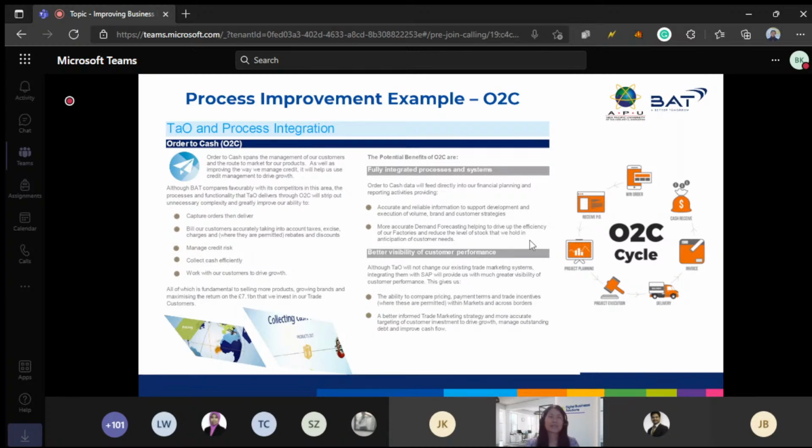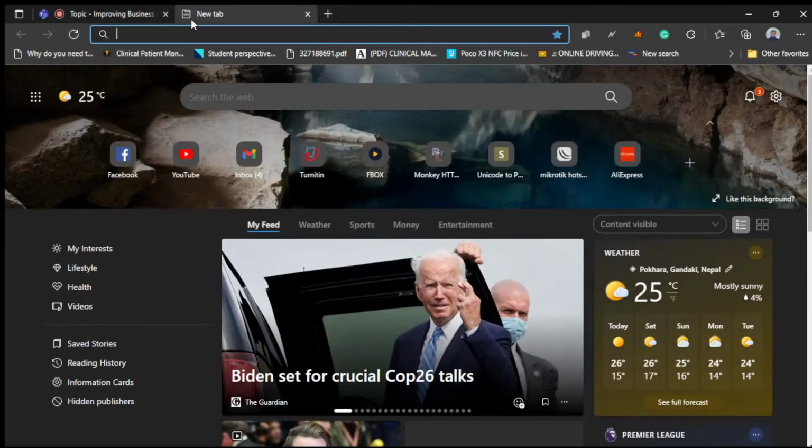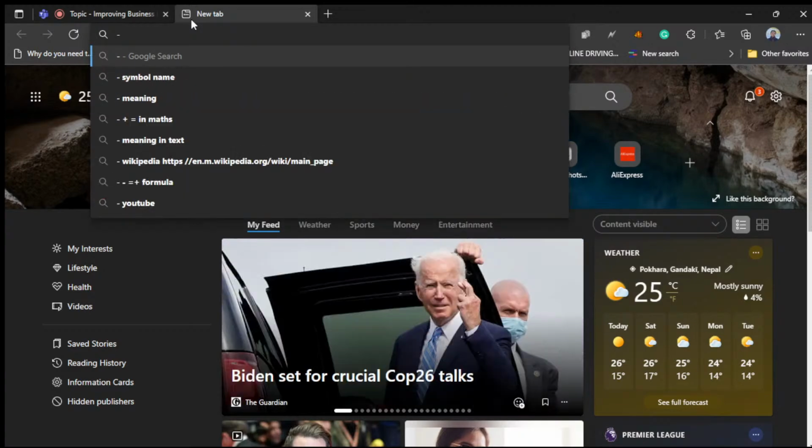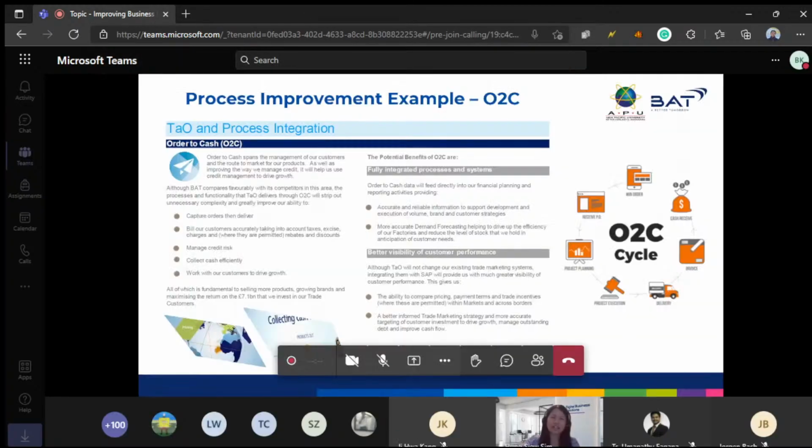For example, we are building some interfaces connecting directly to the credit agencies. I think all of us have a credit score as well, which is being kept by Bank Negara. So just imagine that BAT is automatically connecting to the credit risk agencies and getting the information on these customers, because everyone officially has a credit score.